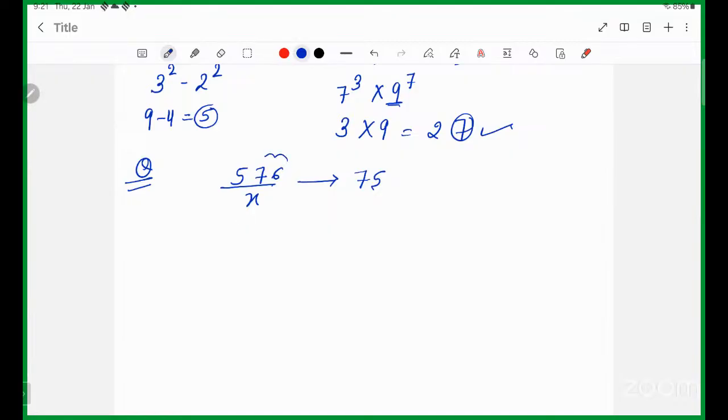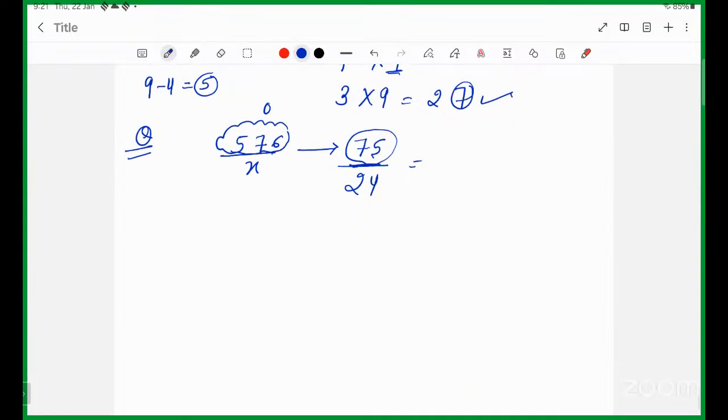If I multiply this number by 24, the remainder will be 0. But I will not multiply this. I will take the remainder, whatever it comes, divide it by 24, and check the remainder. So it will be 3.